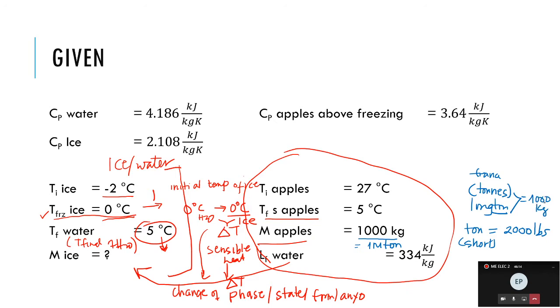If you convert this in pounds, how much? 2,204 pounds. This is 2,000 pounds. So you should be careful if you are using short ton or long ton.